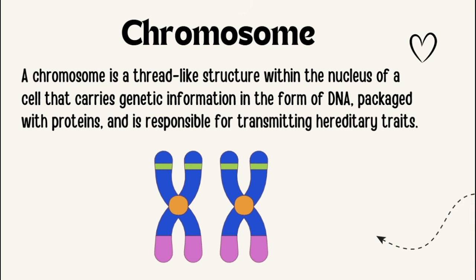But just to get an idea of what your structure is like, it's a thread-like structure, right? So basically this representation is when they are condensed. When they are decondensed, it makes them a lot harder for us to see, right?